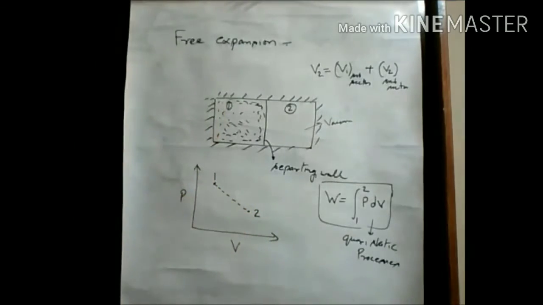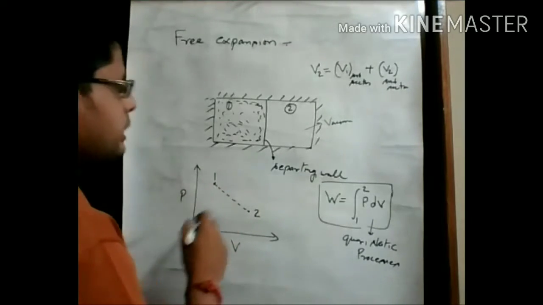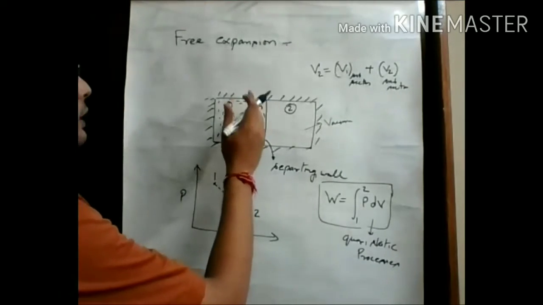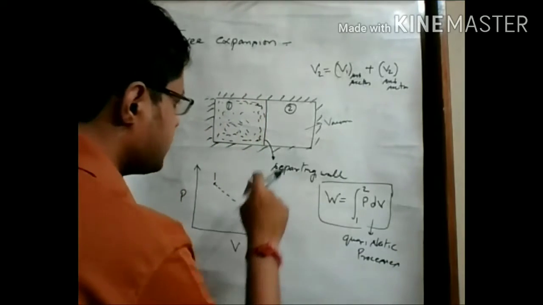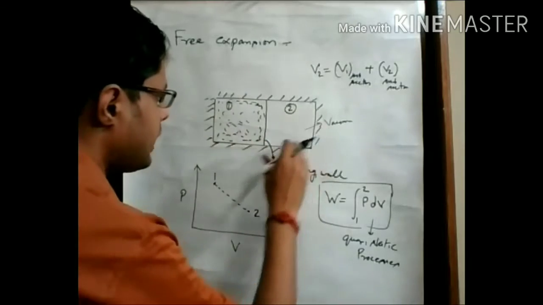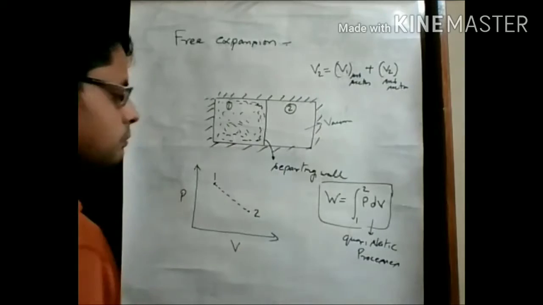Still, we know the initial pressure and volume condition when this gas is filled only in the first chamber, and we also know the second condition when this gas is entirely filled throughout the chamber, with its pressure and volume values.